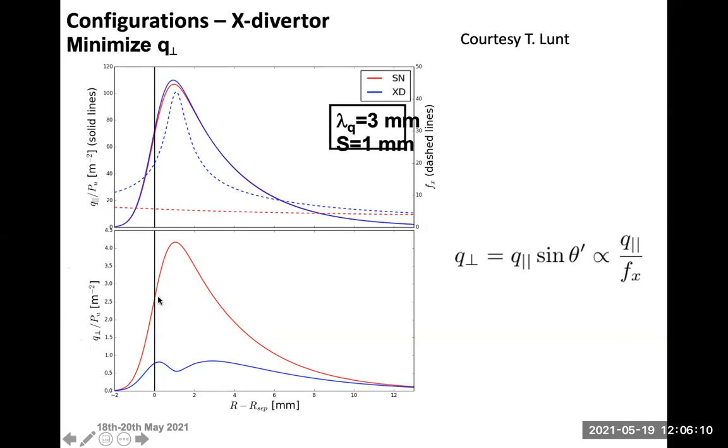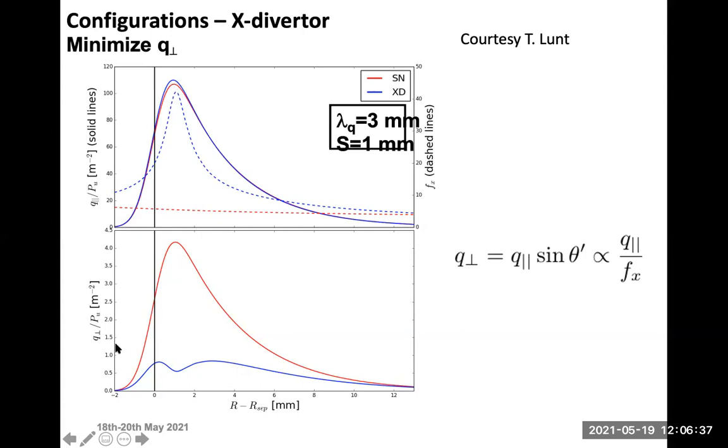In the single null case, you will have something that resembles the parallel particle flux in shape, because it's just one fixed angle more or less along the target. But in the X divertor, you have very shallow angles, and the result is a strong reduction of the perpendicular heat flux. The parallel heat flux is roughly the same.